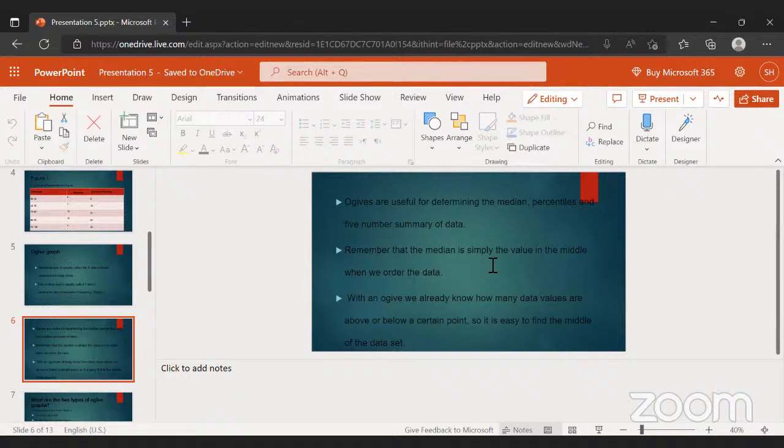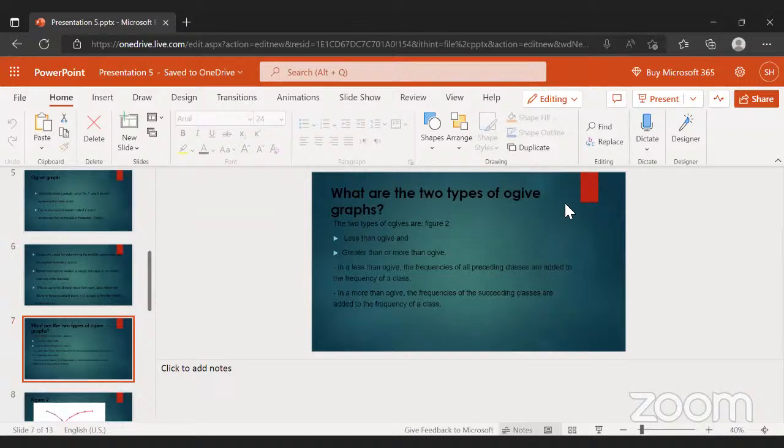Remember that the median is simply the value in the middle when we order the data. With an ogive, we already know how many data values are above or below a certain point, so it is easy to find the middle of the data.